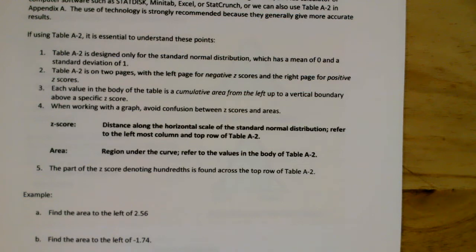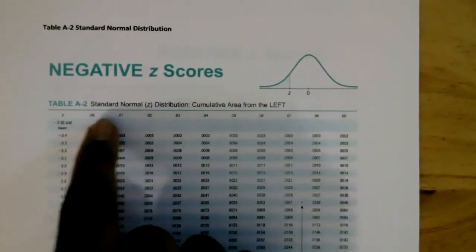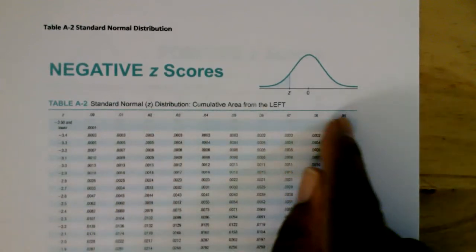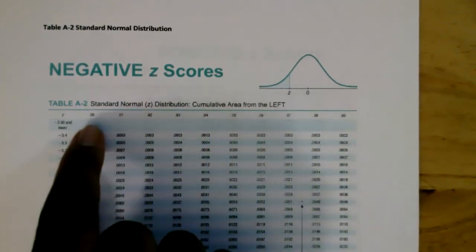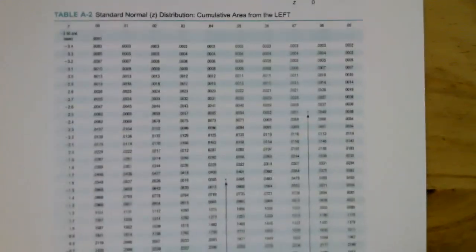And number 5, the part of the z-score denoting hundredths, which is the second digit after the decimal point, is found across the top row of table A-2. So if you look here, that top row represents the digits in the hundredths place, which is the second number after the decimal point.